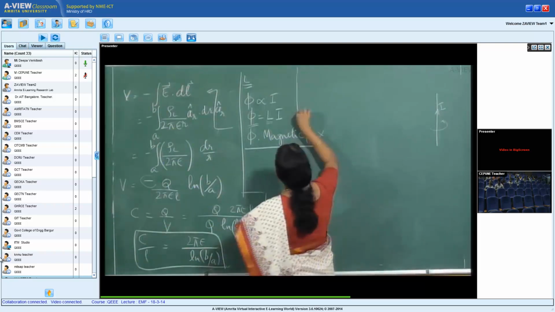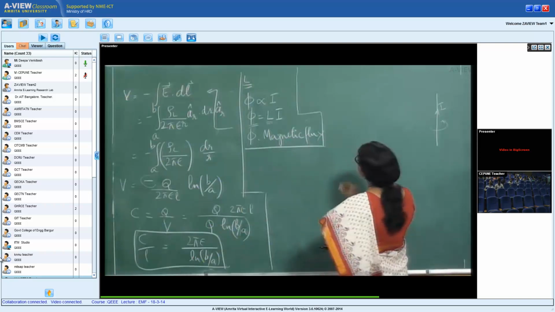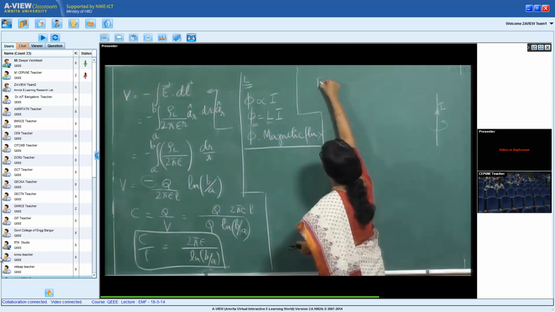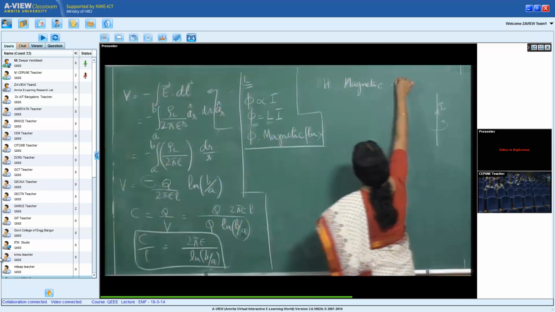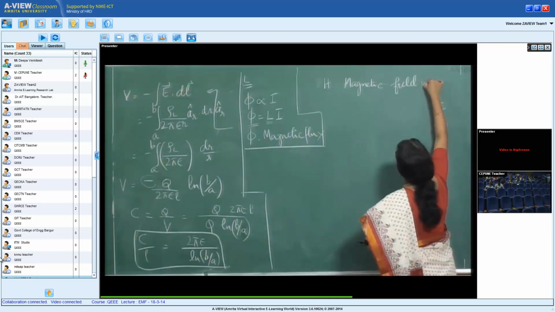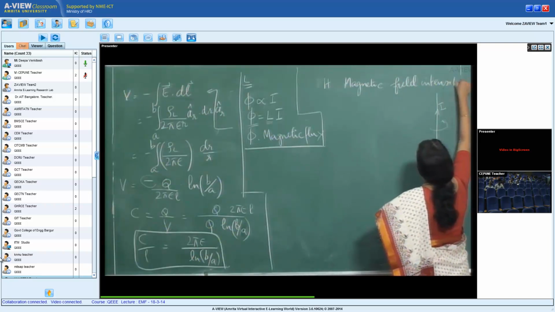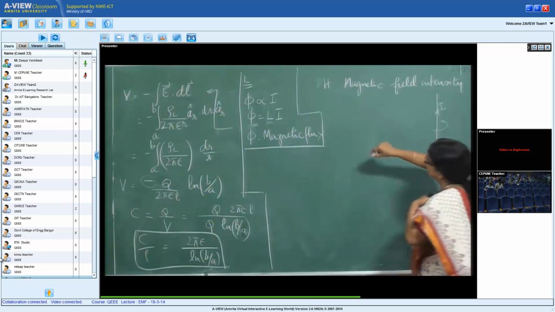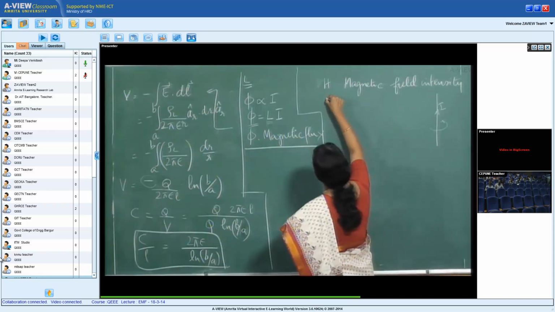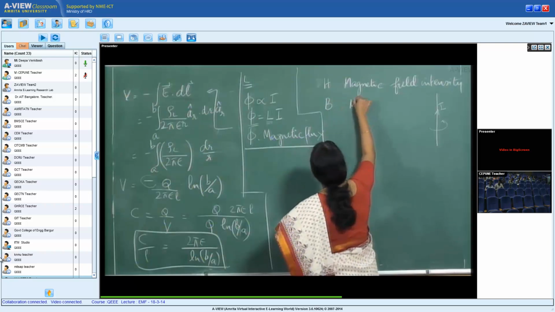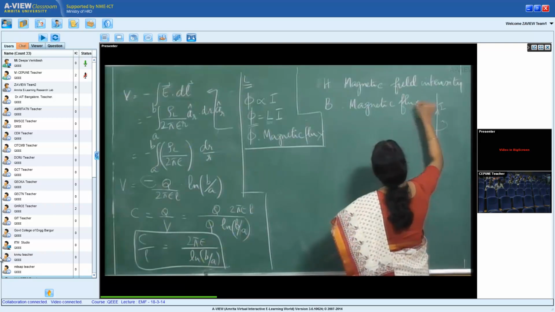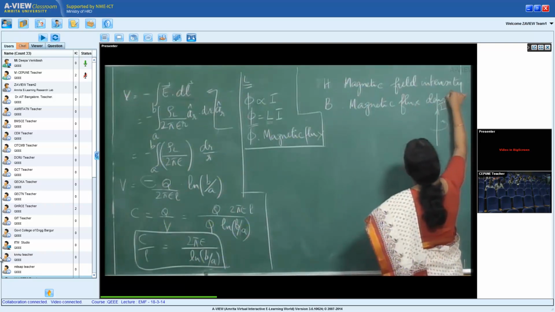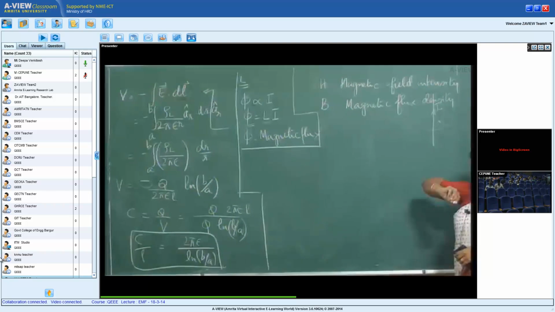So to reach this goal, we want to be able to find H, or magnetic field intensity, similar to E, and we want to find B, which is the magnetic flux density due to a current carrying conductor.